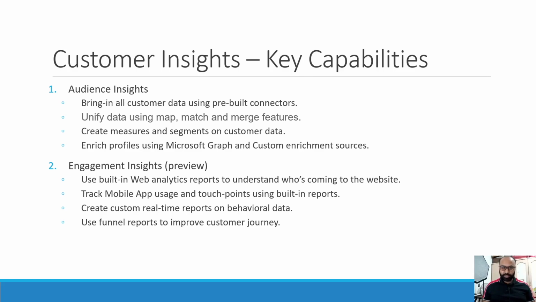You can merge both of this data, create measures, and aggregate this data to get more insights. You can also create segments on measures or any attributes of the customer, like their loyalty program. For example, you can create a segment called high value customers based on the total spend. Let's say more than $5,000 is something you consider a high value customer.